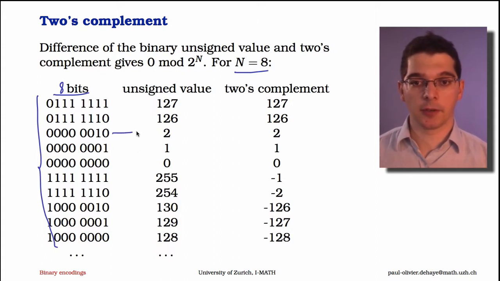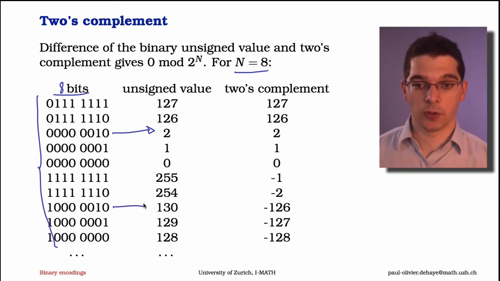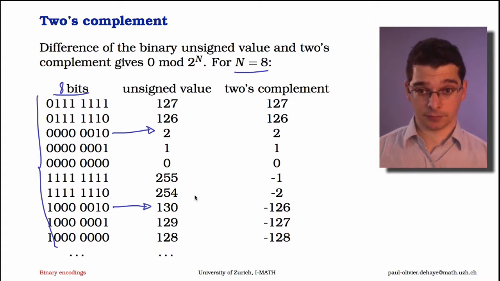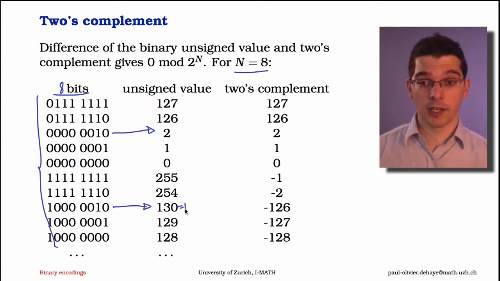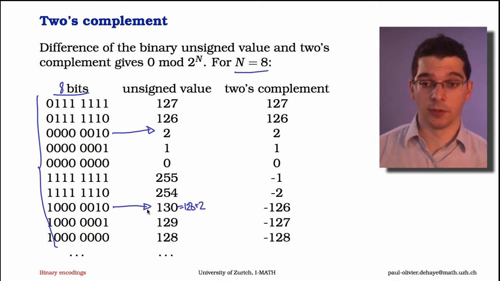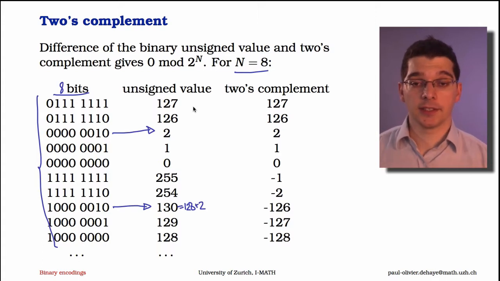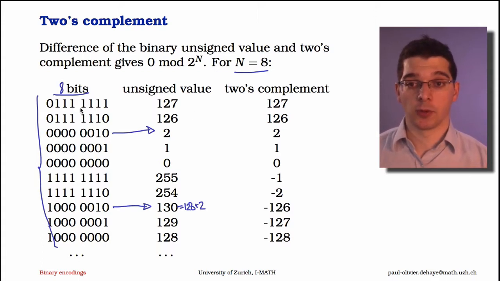So this pattern would correspond to 2 as an unsigned integer. This pattern here would correspond to 130 as an unsigned integer, because 130 is 128 plus 2. Those are powers of 2, and this explains why there are two ones here. Okay, so this is the unsigned value that corresponds to those patterns.